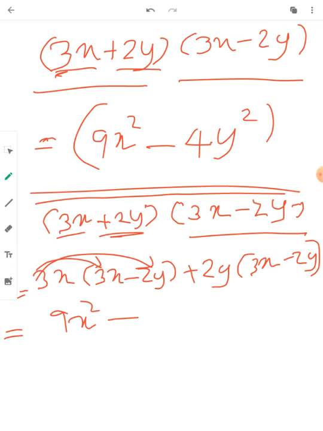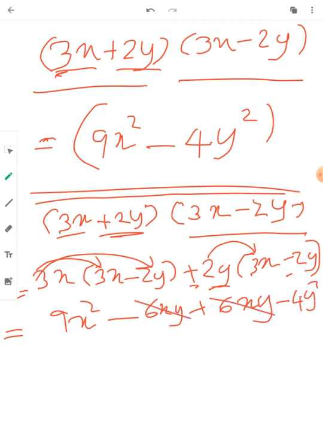3x times 2y is equal 6xy plus this one also 6xy, but plus and minus, plus times minus is equal minus. 2y times 2y is equal 4y squared. These two cancel out.